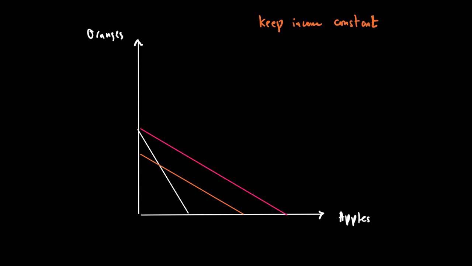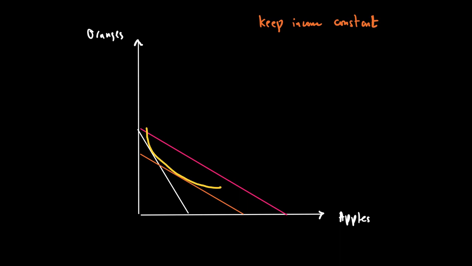The way we look at our substitution effect is that we will make an indifference curve that is tangent to the white and the orange line. So let me draw the graph of an indifference curve that is tangent to both these budget lines.